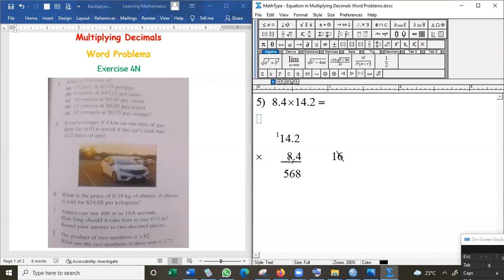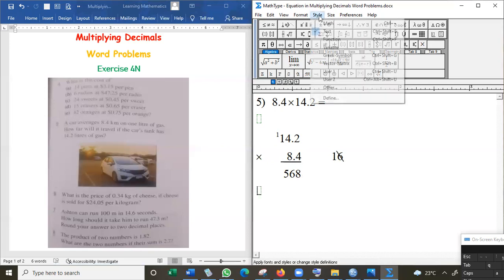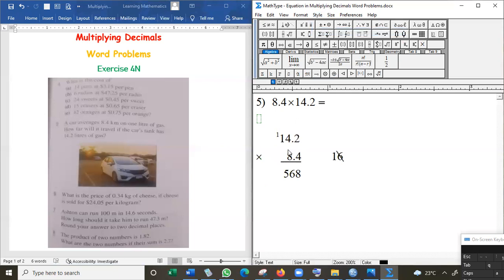Now we're going to multiply by 8. 8 twos are 12. No, it was a 16. 8 times 2 is 16.